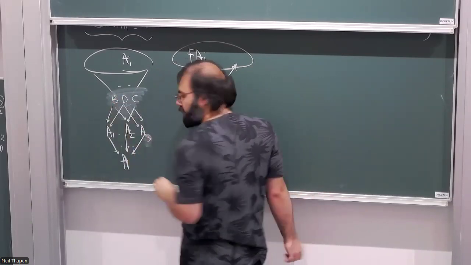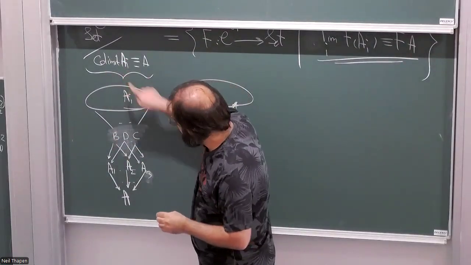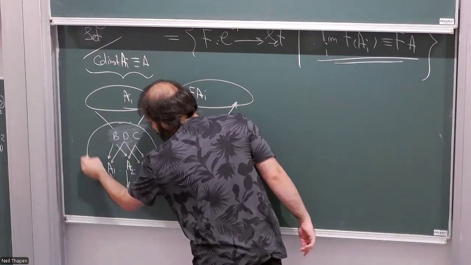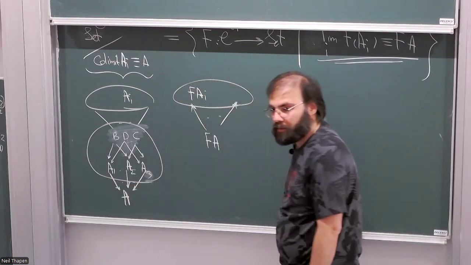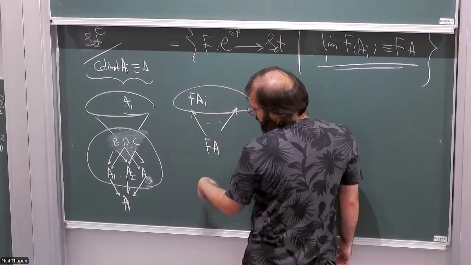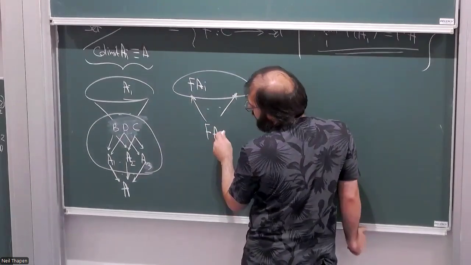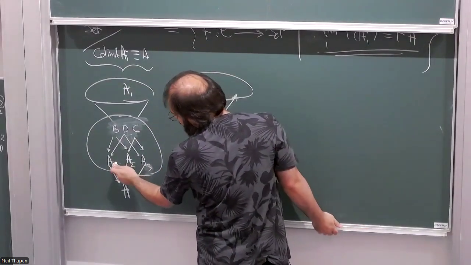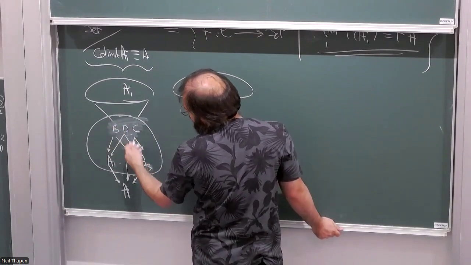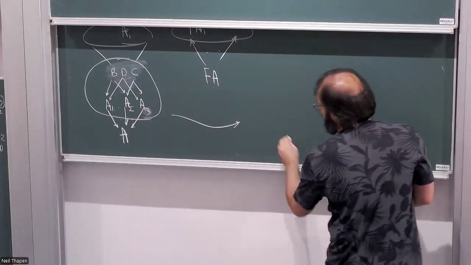Whatever. And then this is your colimit thing. So I'm saying that the condition here is that the colimit of this part is A. And if you apply your F to it and check the condition, you are simply saying that F of A is just the limit of F of A1, A2, A3, and all the maps F of B, D, whatever here.